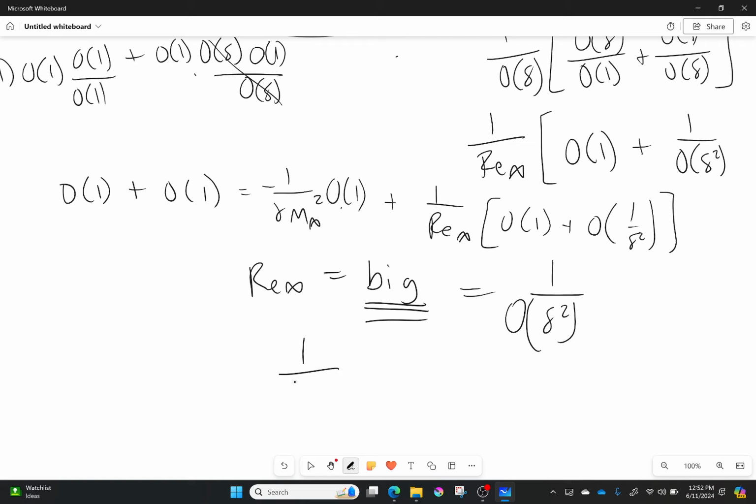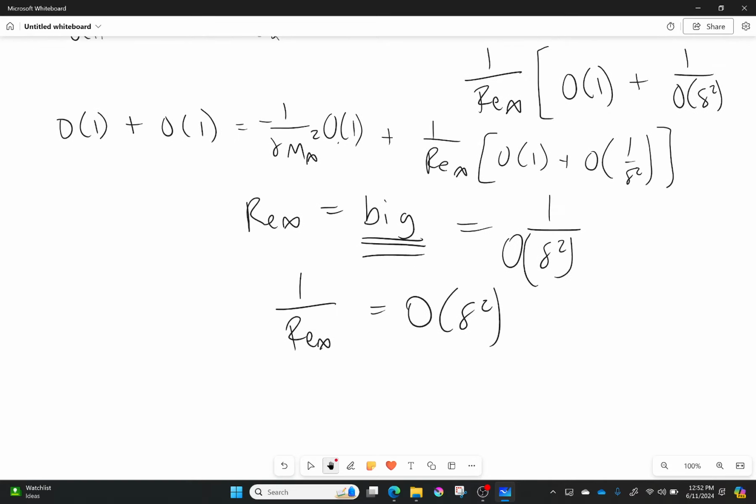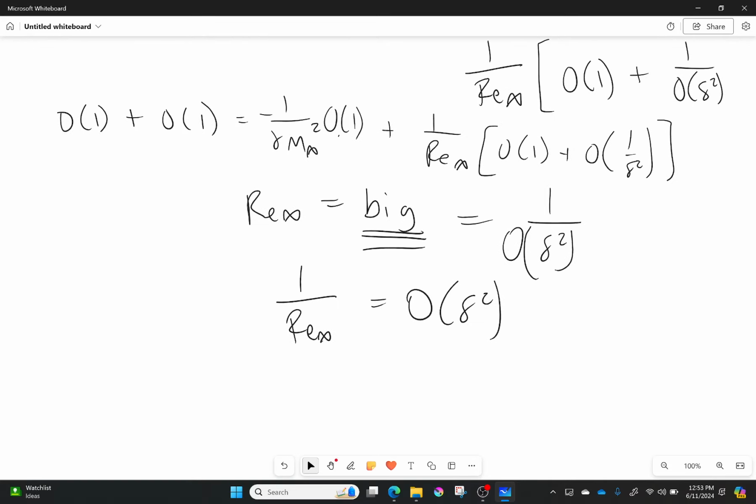Or I could say that 1 over the Reynolds number infinity is on the order of delta squared. So using that, I multiply everything through, and I start to simplify it some more. So I get order of 1 plus order of 1. I really hate having to write this out, but I'm stuck doing it.